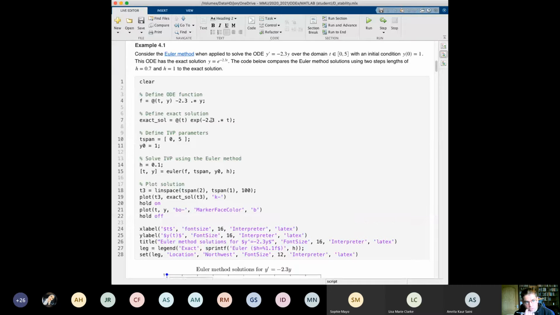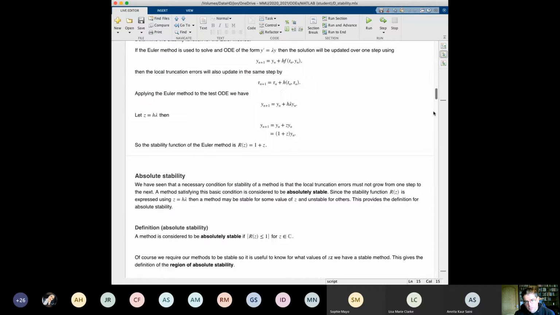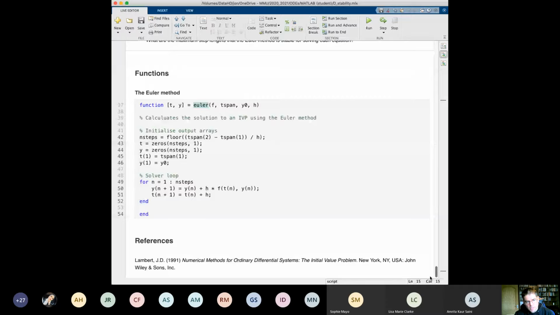So this code defines a function, defines the exact solution, and uses the Euler method to solve it. A quick note on MATLAB: I've got a function called Euler, and if I zoom right to the bottom of the live script, you can see this is where I've defined it.